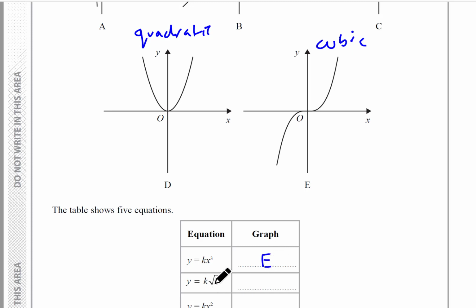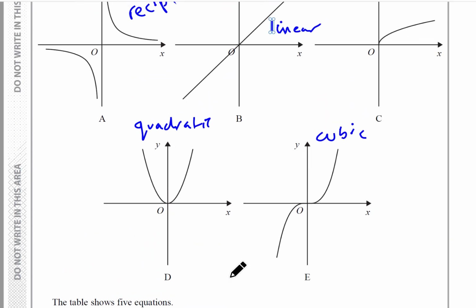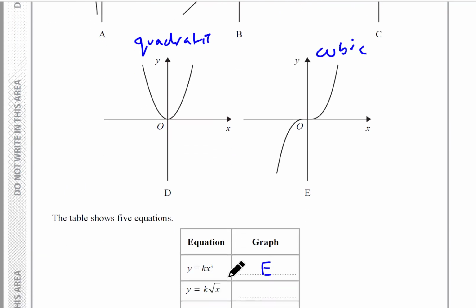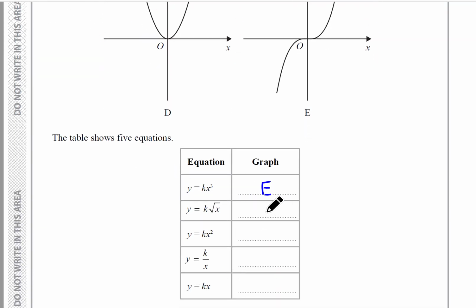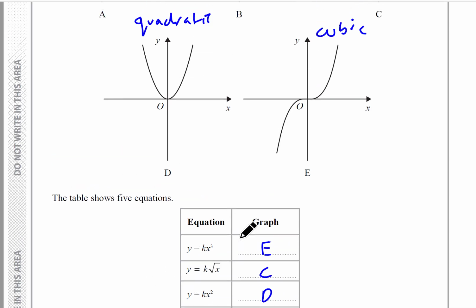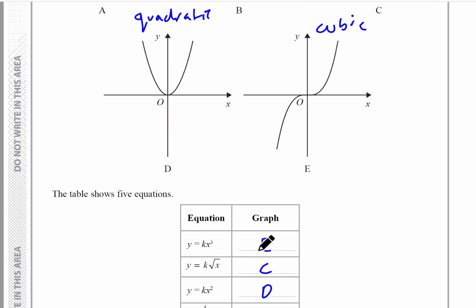Now, that's sort of square rooting it. So by elimination, I know that's C. Now if you weren't sure, you could just try and substitute values and make a quick sketch of the graph. Now look, that's a quadratic because it's got the squared, so that must be D. Remember, anything over X is a reciprocal graph, and I believe that was the first one.